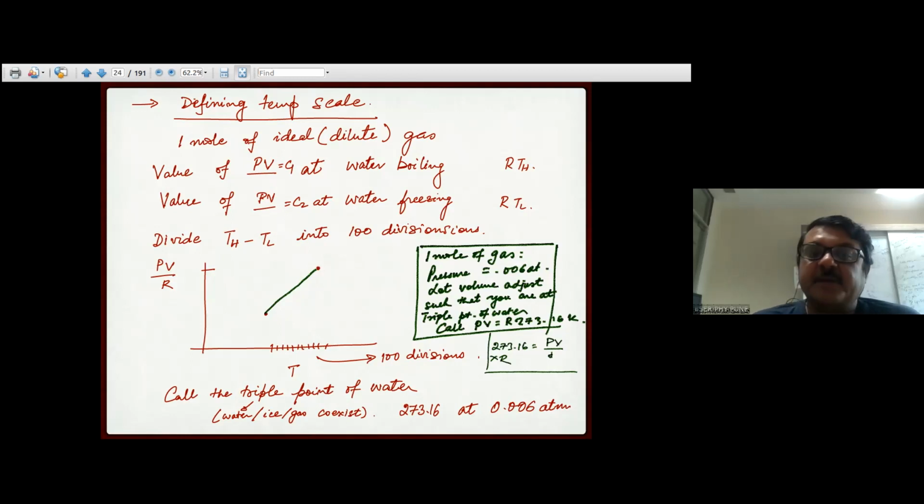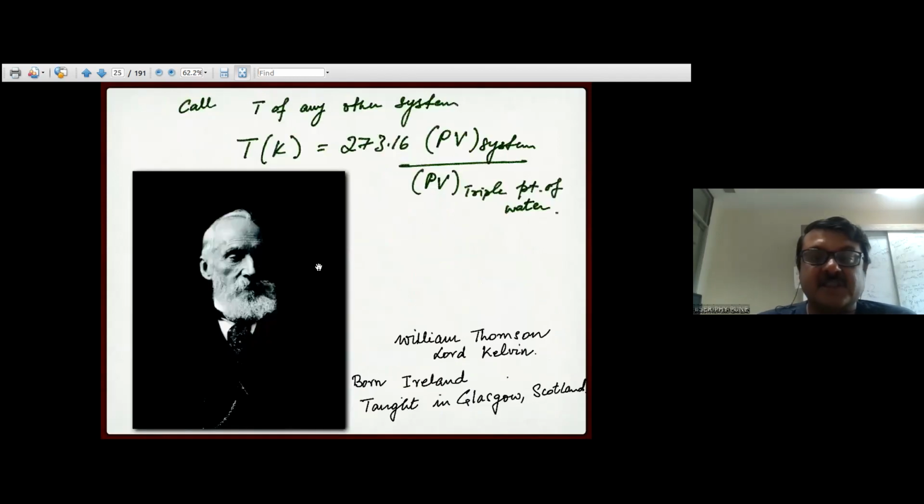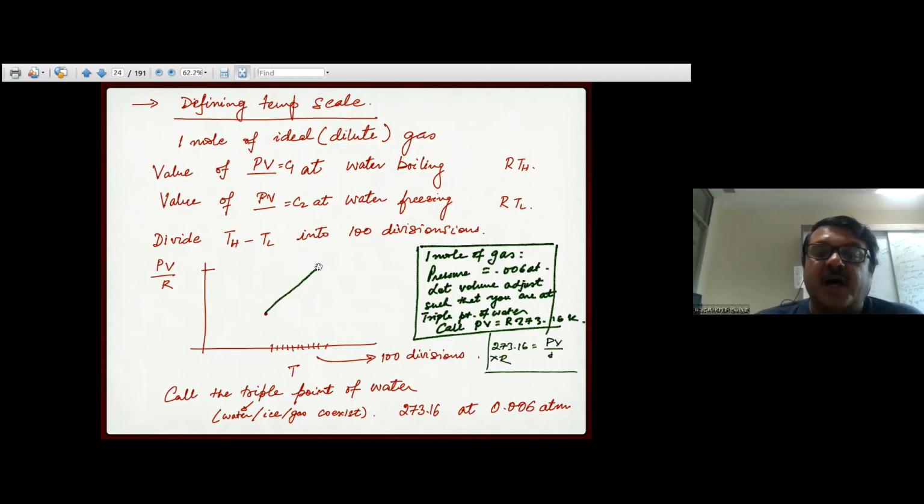Then you set your temperature scale, and any other thermometer, any other mercury thermometer or thermocouple thermometer, by which you can go to low temperatures, and some other thermometer you can go to high temperatures, you calibrate against this ideal gas temperature.